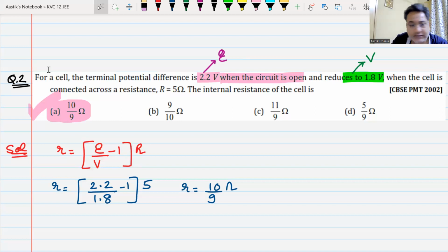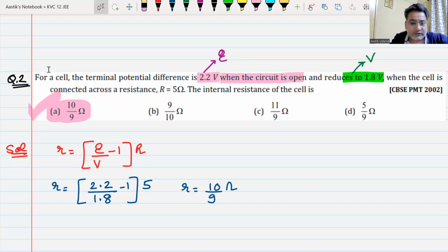Ammeter, voltmeter, galvanometer, rheostat, meter bridge, potentiometer. Heard about these? All these are electrical measuring instruments, and they do certain specific jobs.